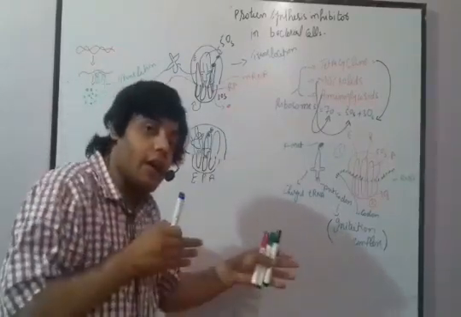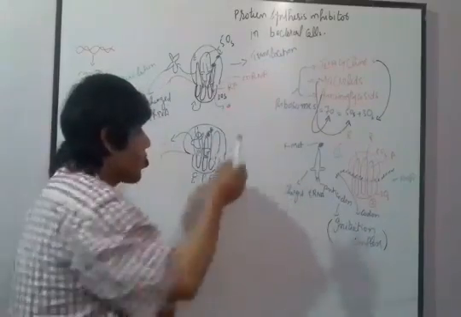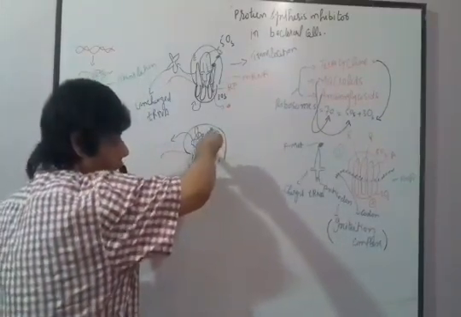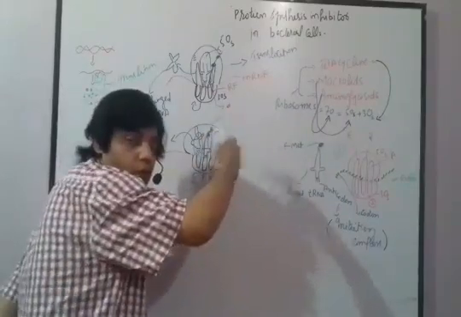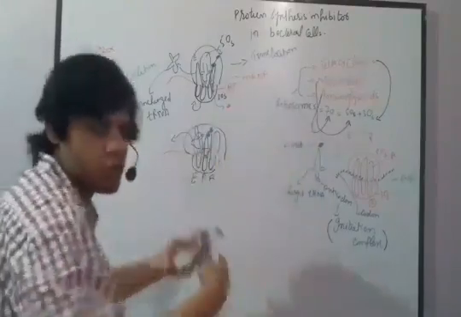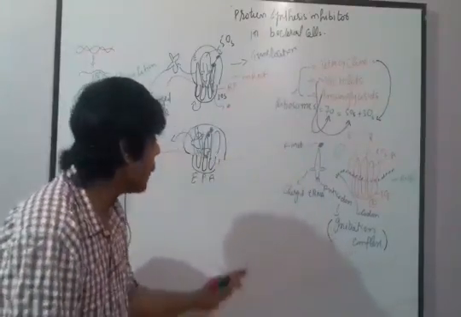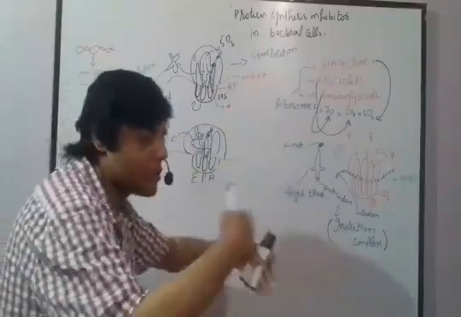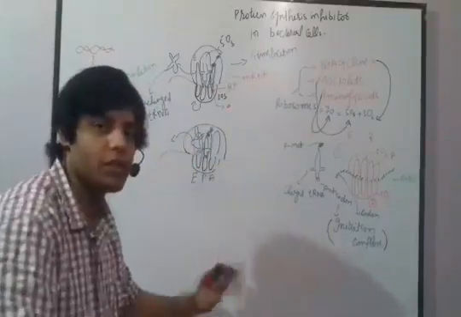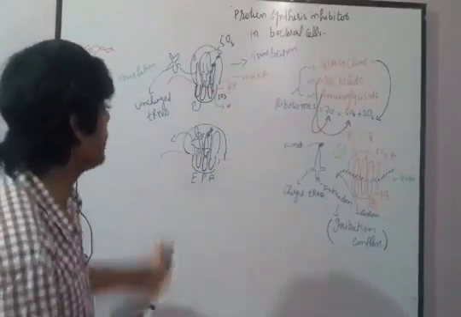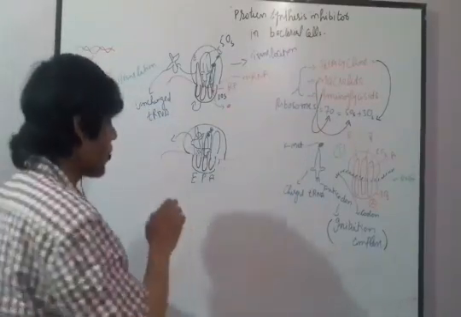Then again the amino acid which is present with this transfer RNA will shift to the new transfer RNA, and the whole process will repeat once again. Fine. So once you understand from the beginning, the rest of the transfer RNAs coming will be very easy to understand. So this is the main process of the transfer RNA.